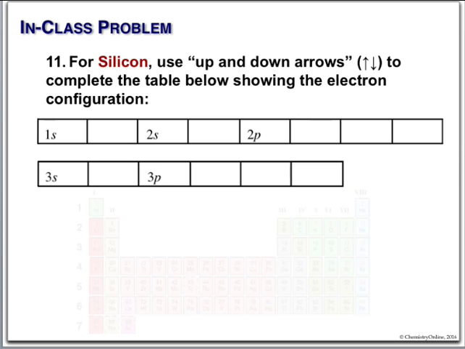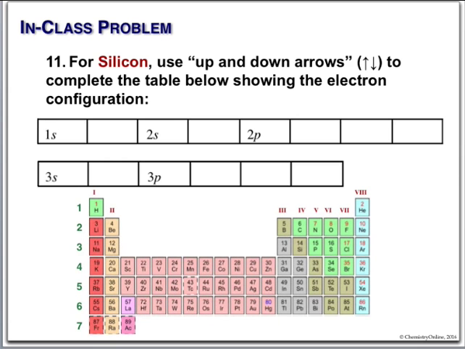The first conceptual step is to remember that here's silicon right here. It's in the 3rd period. That means that everything above it is full. Every orbital, every blank on this table, can only hold 2 electrons.